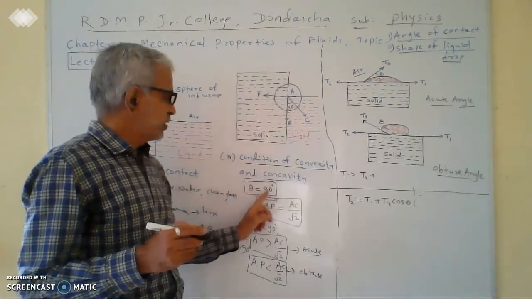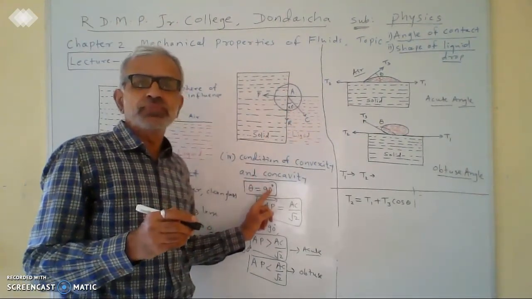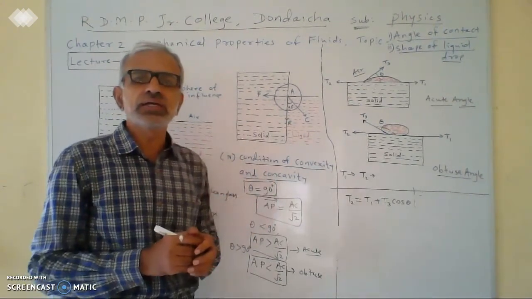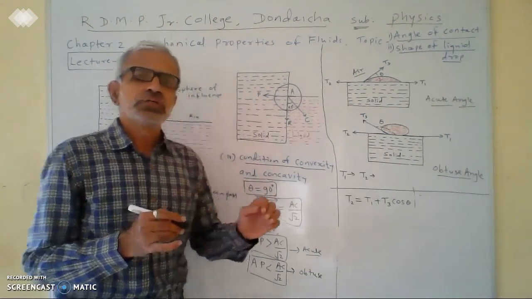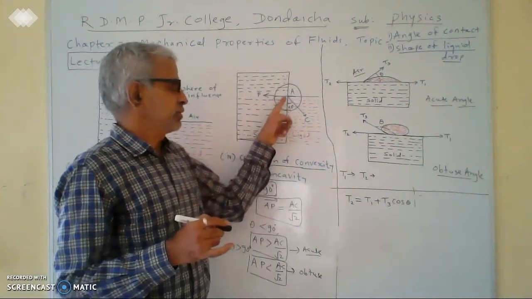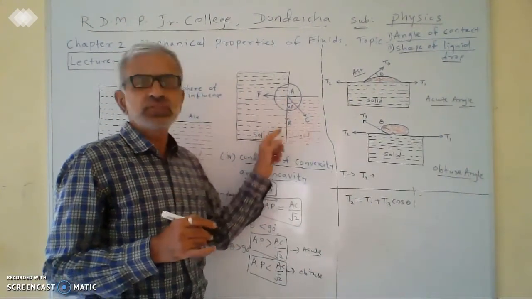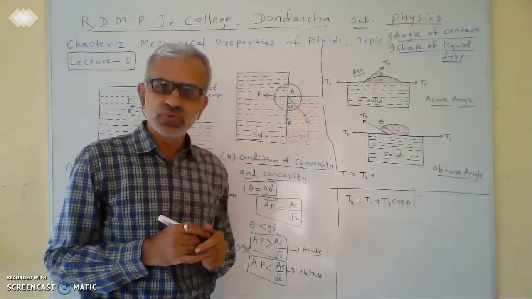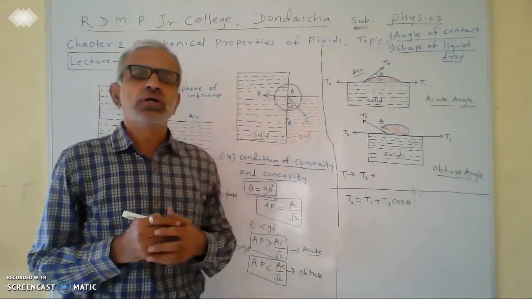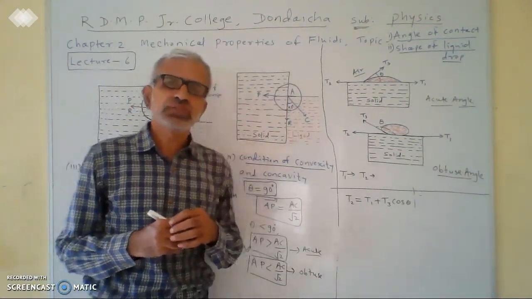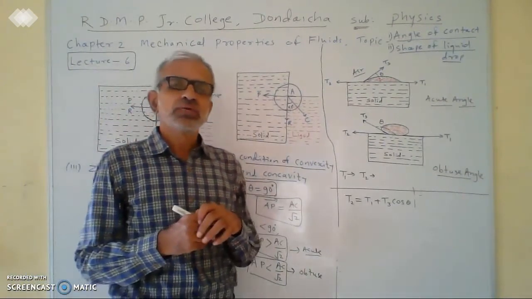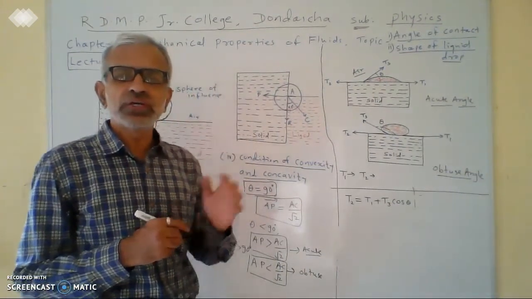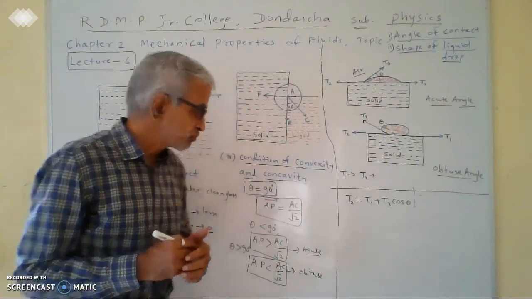If angle of contact is 90 degree, then this angle between vector AC and solid surface should be 45 degrees. So draw vector AC making an angle 45 degree with the solid surface.